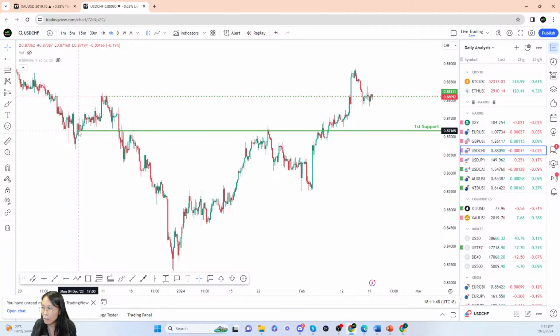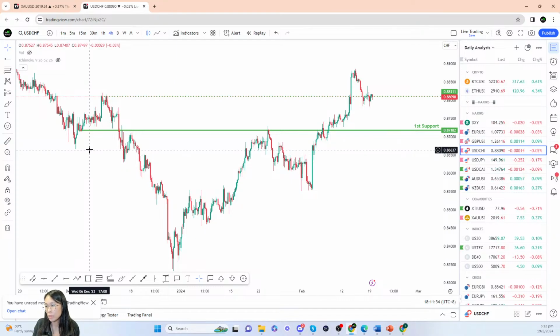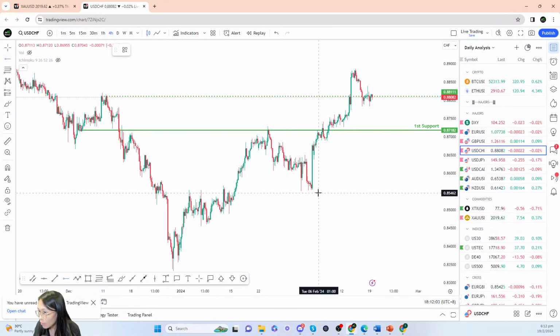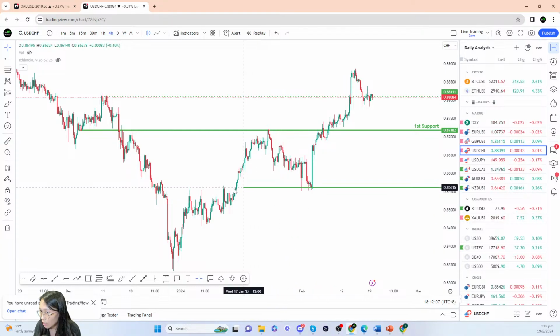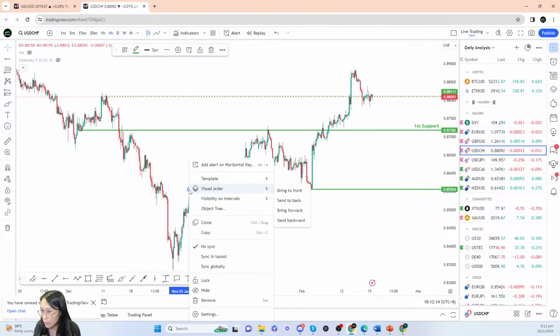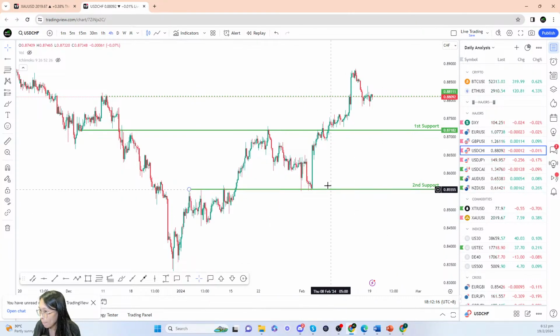Let me connect to this. So this will be my first support, and second support slightly far at the 0.85564 level. A nice overlap.